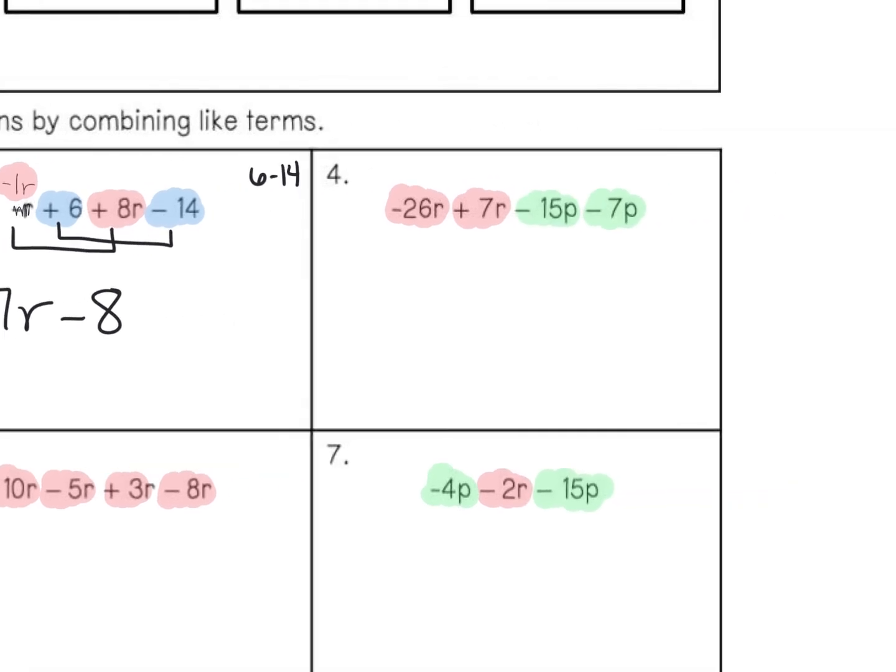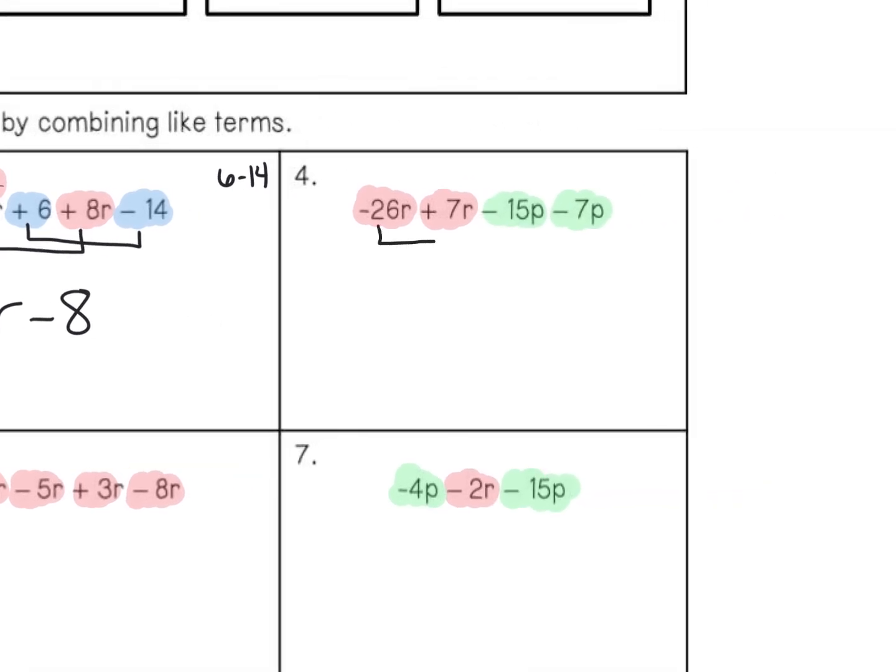All right, 4. Negative 26 plus 7 is negative 19R. Negative 15 minus 7 is negative 22P. If we're missing the math, why are we missing it?